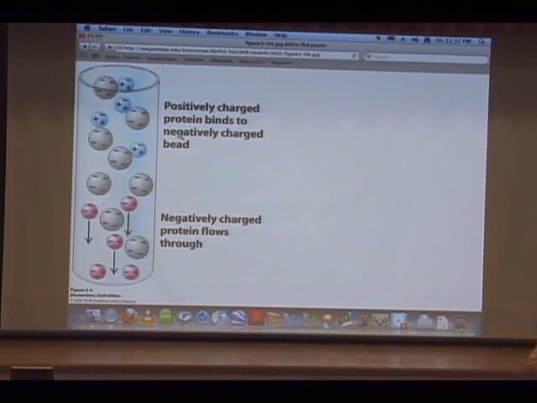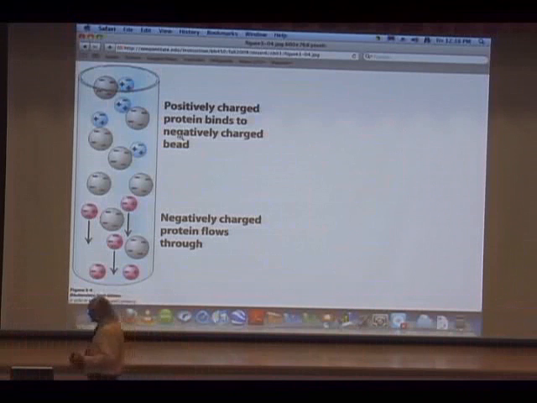This is known as an anion exchange column. An anion exchange column is exchanging that negatively charged chloride for a negatively charged protein. So cation and anion exchange columns are very useful for purification purposes because they allow us to separate on the basis of charge.